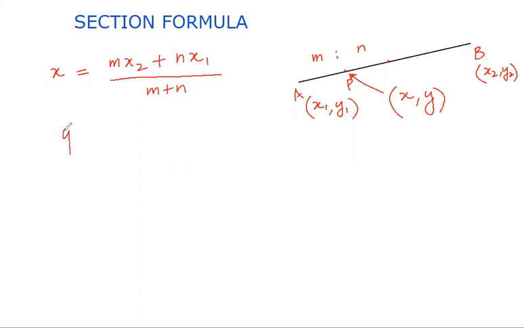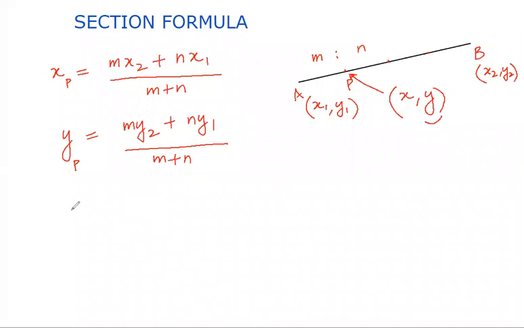And the y coordinate, that is the ordinate of point P, just replace x with y here. So it will be m y2 plus n y1 divided by m plus n. This is the section formula.